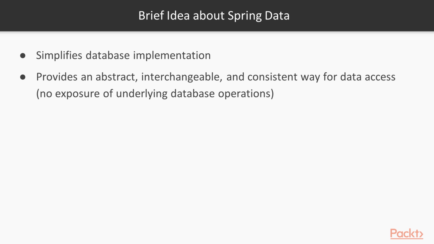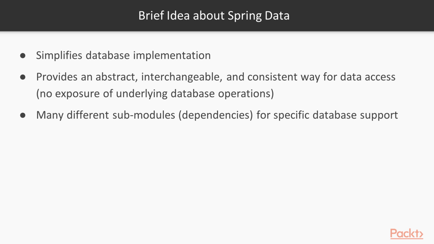In addition to that, Spring Data supports many different submodules for specific database solution support. And those submodules can be added to your project as we've done already via dependencies.